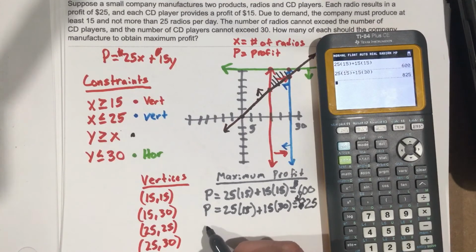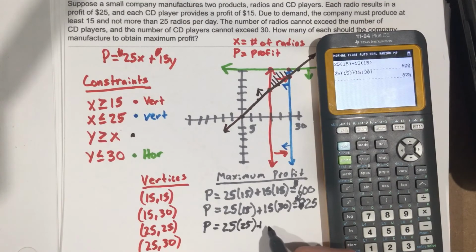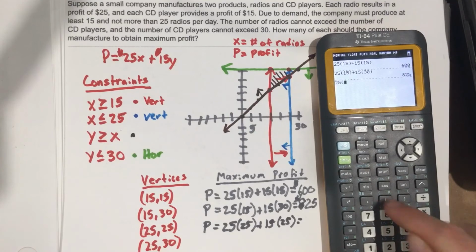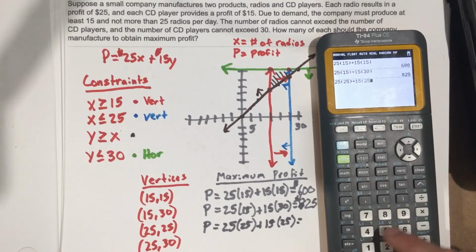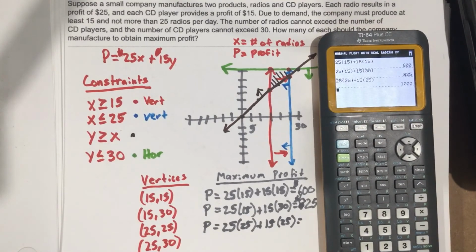And then we're going to do the same thing with our profit for 25. So we're going to end up with 25 times 25 plus 15 times 25, 1,000.